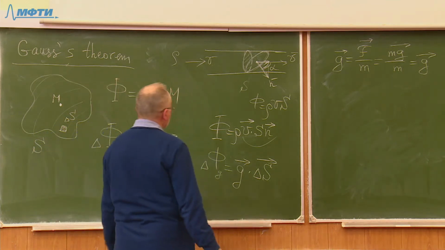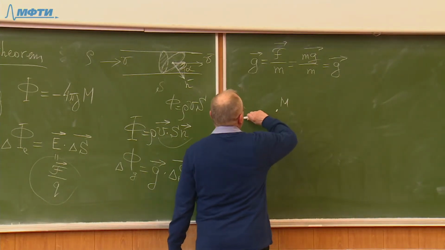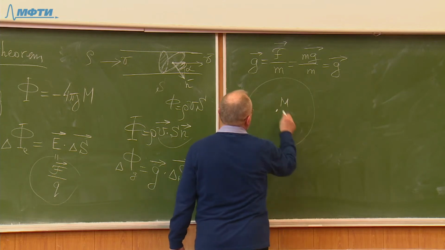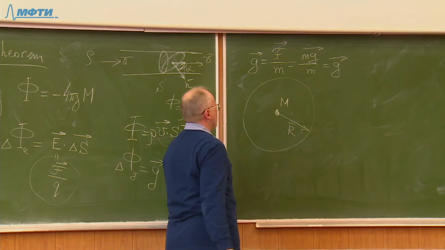Now we are ready to calculate the flux if the gravity mass m is surrounded by a spherical surface. Suppose that the surface is spherical and has a radius r.